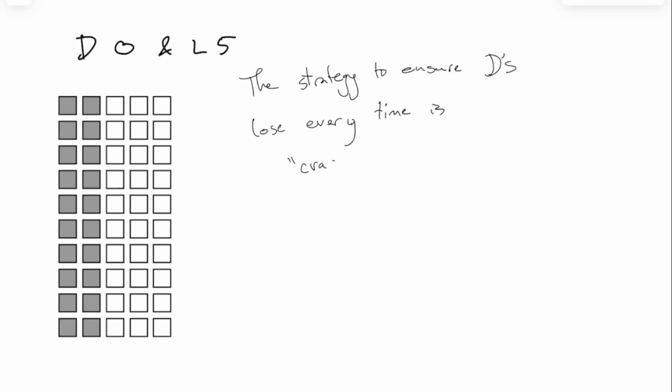And there's a strategy for this, to ensure that the D's lose every time, because this is what we're trying to achieve in this particular division. The strategy to ensure the D's lose every time is called cracking.